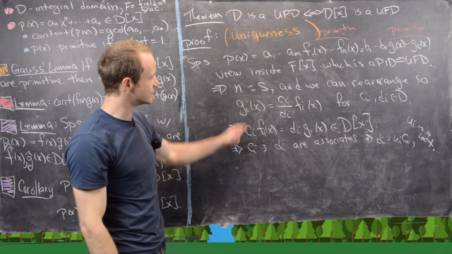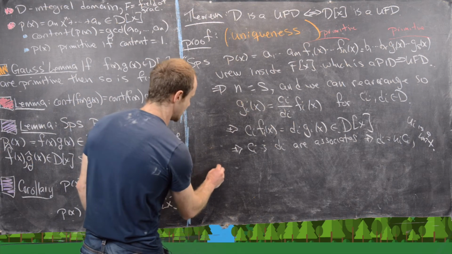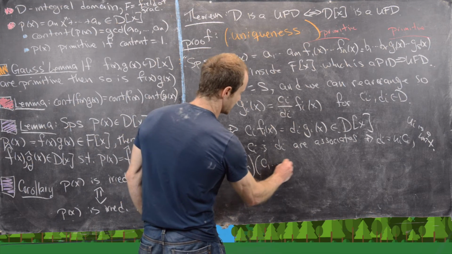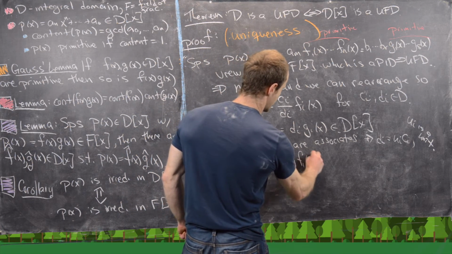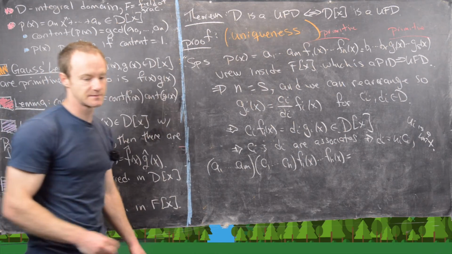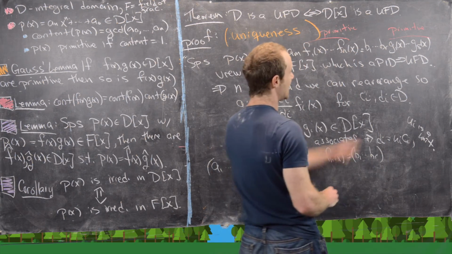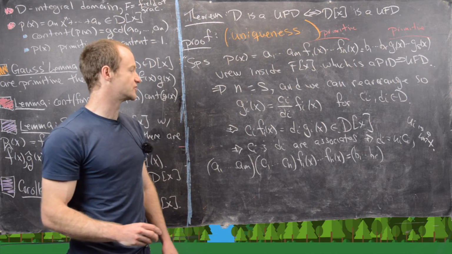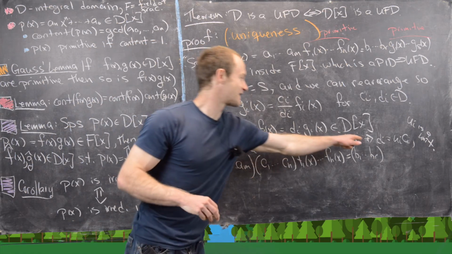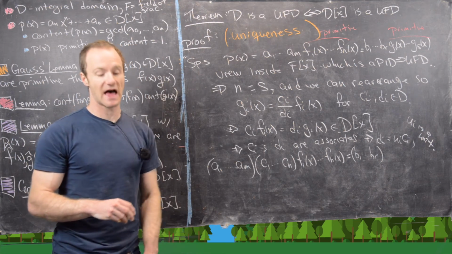Okay, so the next thing we can do is stick all of this information into our original equation, which tells us that a_1 all the way up to a_m times c_1 all the way up to c_n times f_1 of x all the way up to f_n of x, so that's what happens to the left-hand side, is equal to b_1 all the way up to b_r times, now we're going to replace g_1 through g_n, in this case because we know that n is equal to s, with the fact that d_i and u_i are units, and that allows us to write them all in terms of f of x.